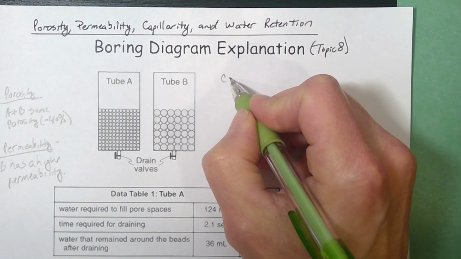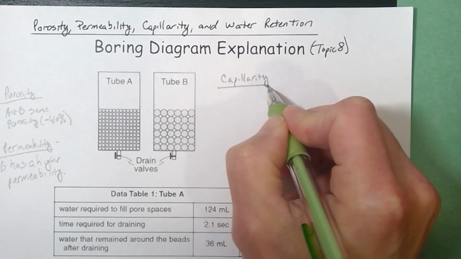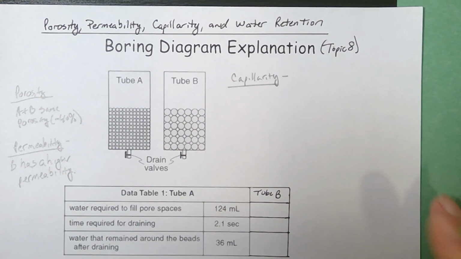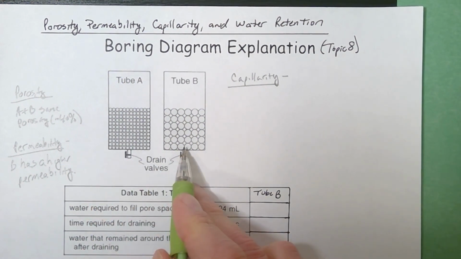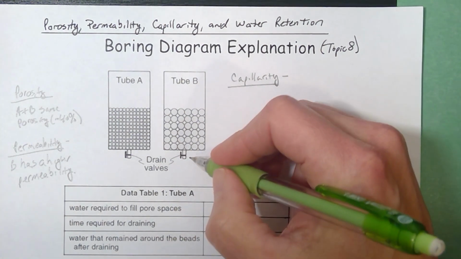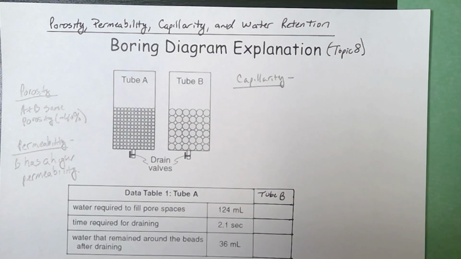Now, if we were looking at the capillarity of these samples, capillarity describes the upward movement of the particles. Okay, you'd have to put the bottom of the tubes into a container of water and see how high the water gets drawn up between the pore spaces.